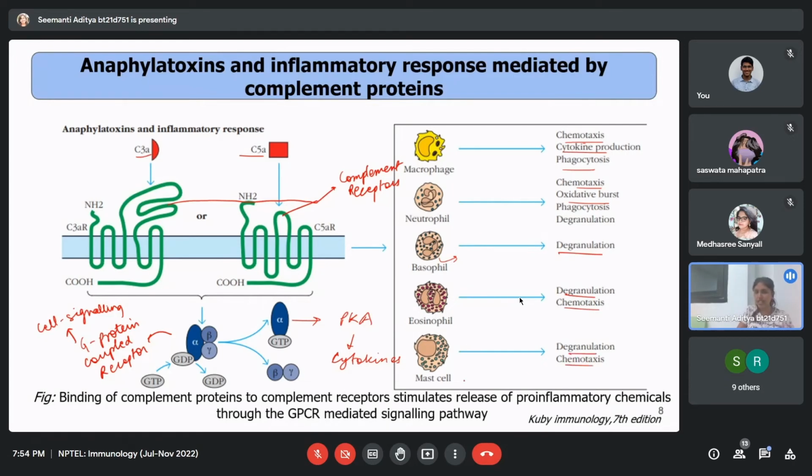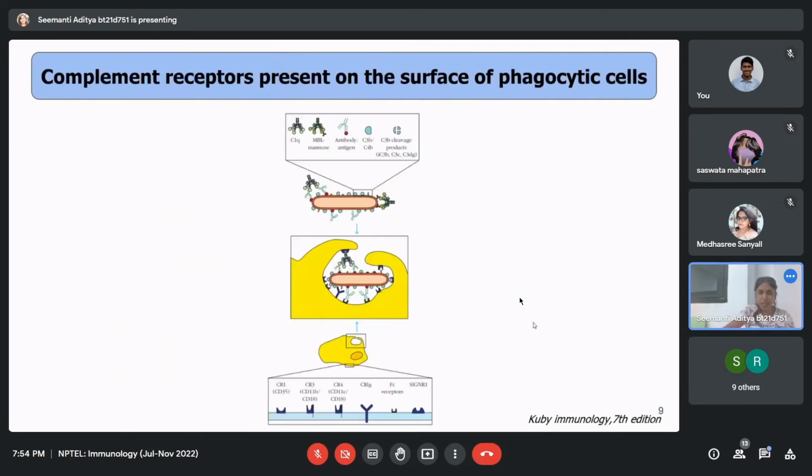So different cells are associated with different effector functions whenever a complement protein binds to their complement receptors. The complement receptors present here are bound to complement protein, and this complement protein will help in all of these functions of each of these cells. These complement receptors are present on the surface of phagocytic cells.